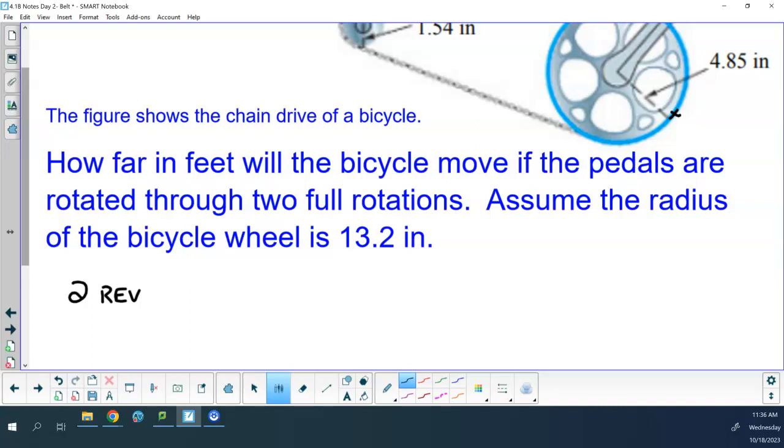We're looking for what? Nope. What are we looking for? Read the question again. We're just looking for feet. But where are we looking for feet?